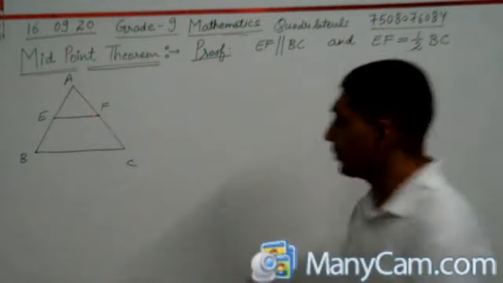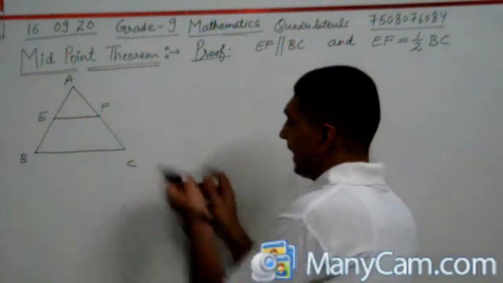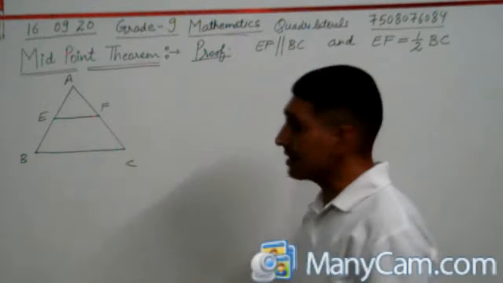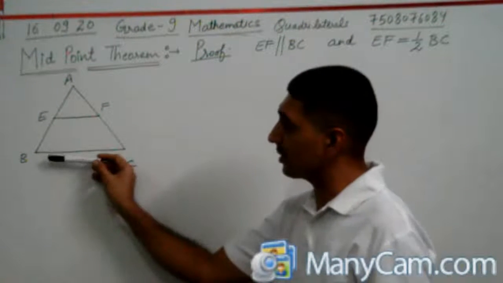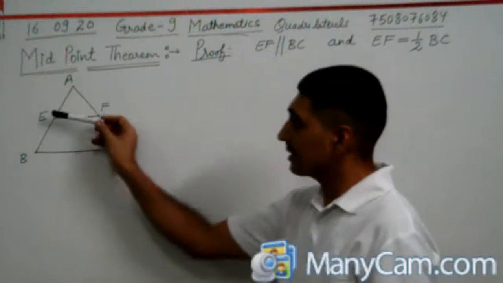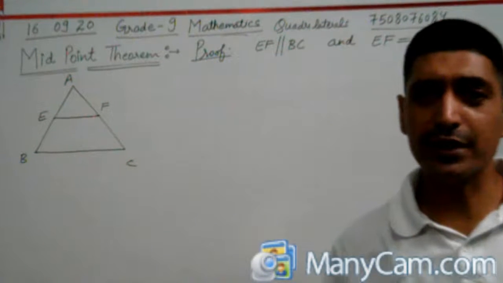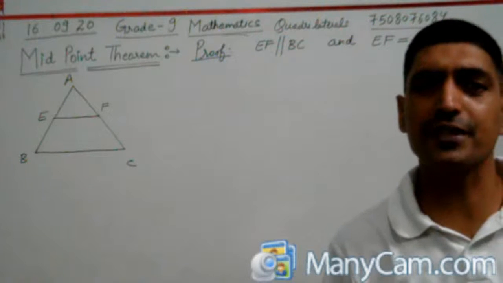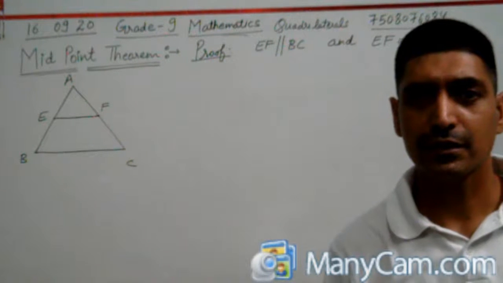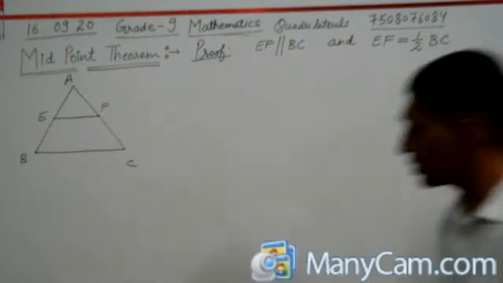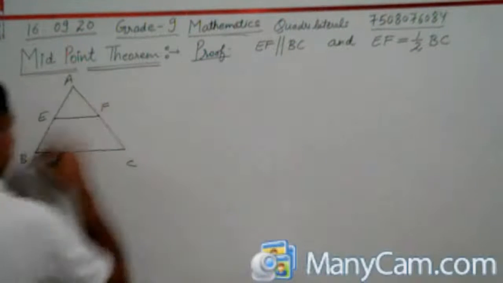So what I have discussed? I have discussed the midpoint theorem, that the line segment joining the midpoints of two sides of a triangle is always parallel to the third side, and this EF is always half of the third side. Confirm. So its proof we will take. By construction, we will draw one line parallel to AB.